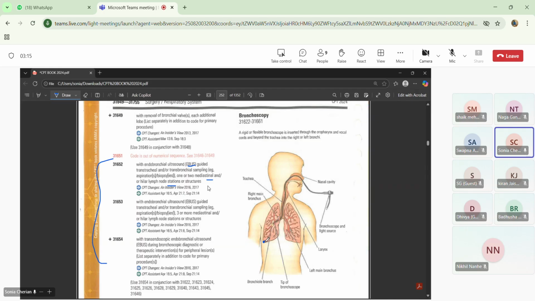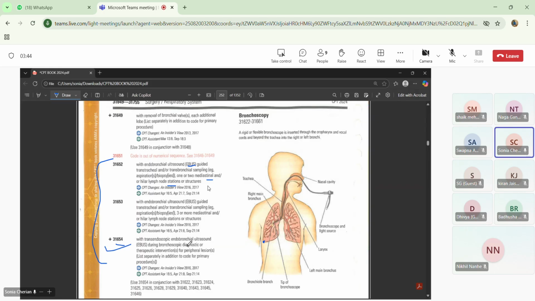EBUS can track it down and take a biopsy or aspiration, or even capture an image of the peripheral lesions. If that is the case, then your CPT is 31654. So in your OP chart, if they mention any peripheral lesions in the lung, the apex of the lung, and they are doing EBUS for that, then you need to add this add-on code.